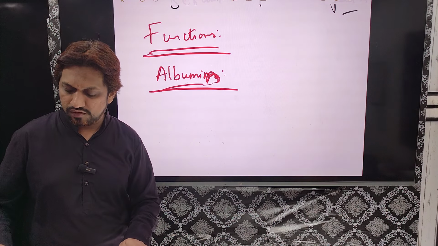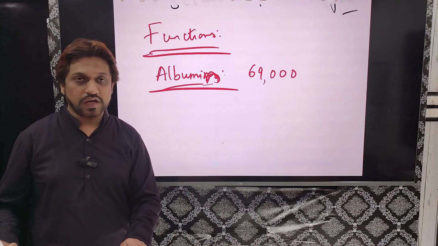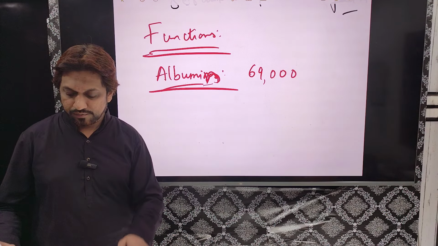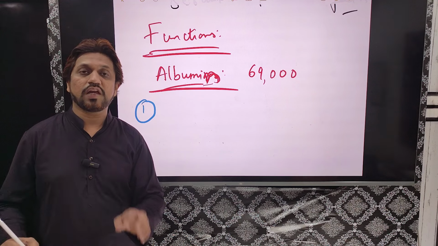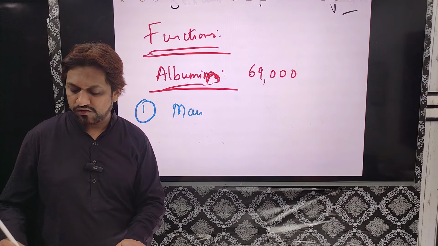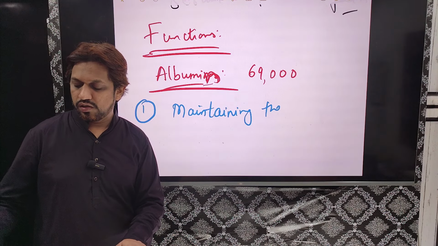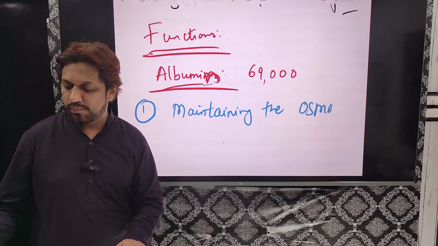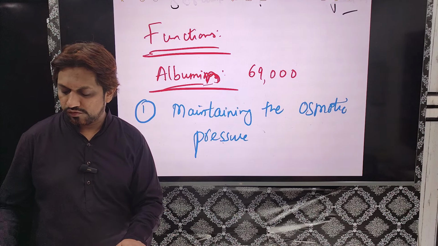It has a molecular weight of around 69,000 and is synthesized in the liver. The important function of albumin is that it helps in maintaining the colloidal osmotic pressure of the blood.